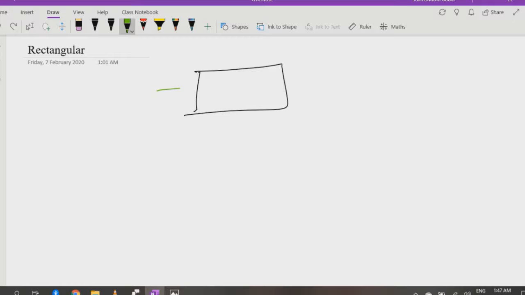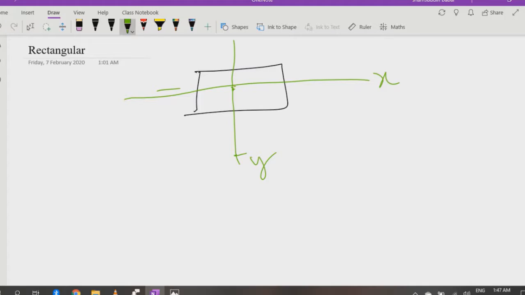You can always watch all those parts on finding the center of gravity, so you can understand how to find it. We have already found the center of gravity, and we knew that it lies here in this rectangular section. So we are going to draw these lines. This is my y-axis and this is my x-axis.